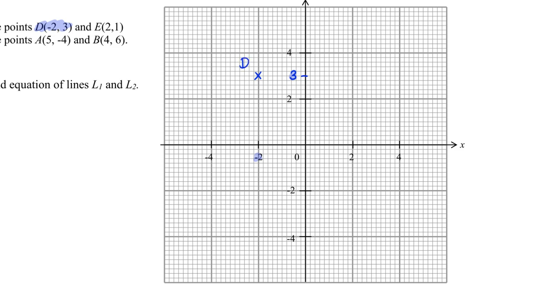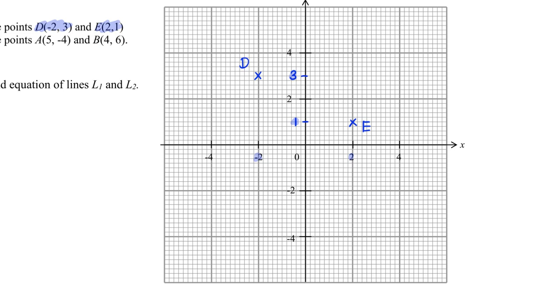And my point E, x is 2, y is 1, so x is 2 is here, y is 1, so it's somewhere here. That will be my point E. In the middle here is 1, just to let everybody see.